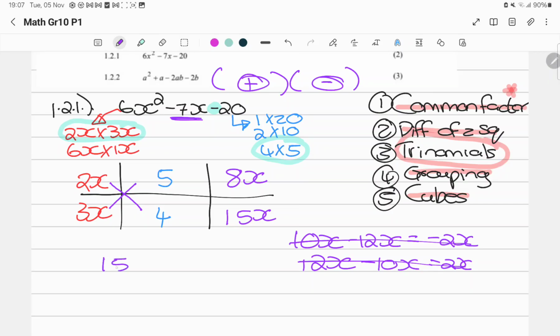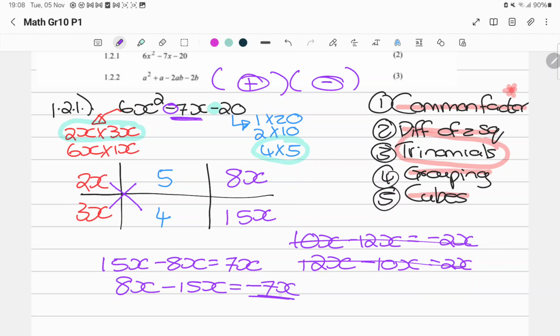So I'm going to ask myself, what is 15x minus 8x? That's going to give me 7x. Do I want 7x? No, I want negative 7x. So if I switch it around, if I say 8x minus 15x, oh wow, that does give me minus 7x. So I know that this combination is correct.